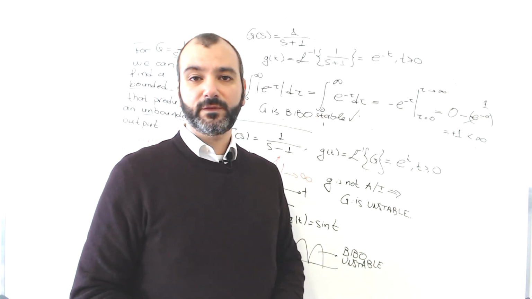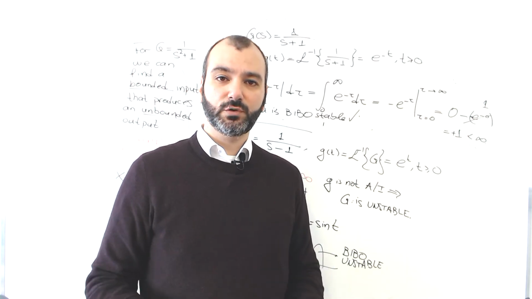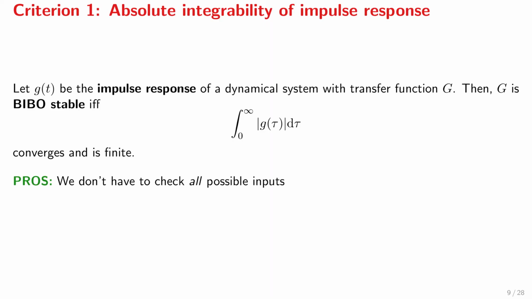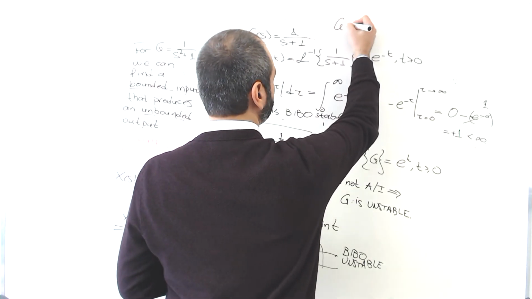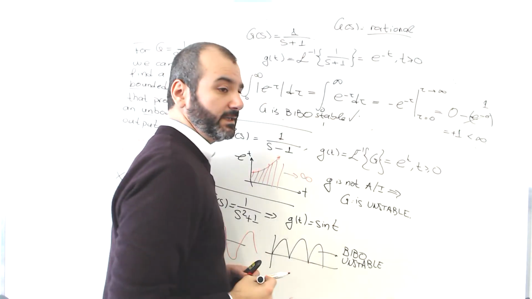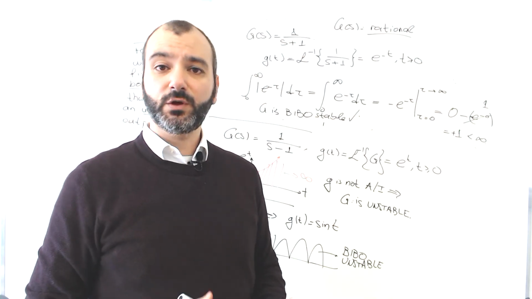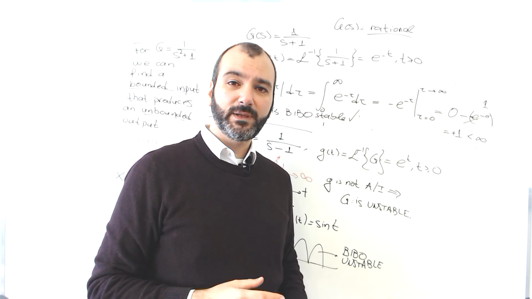Now the good thing about this theorem is that it allows us to tell whether a system is BIBO stable by looking at the impulse response of the system and telling whether it is absolutely integrable or not. The disadvantages of the theorem are that first of all we need to have the impulse response, which is not impossible. We know how to do it for every g of s that is a rational function, but it might be a little cumbersome.